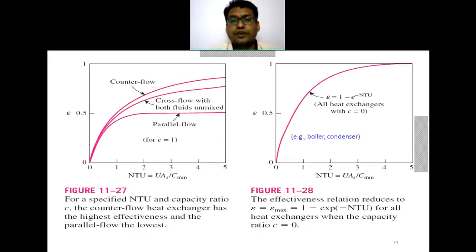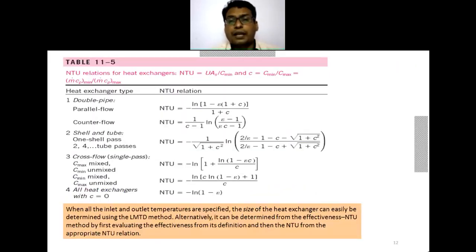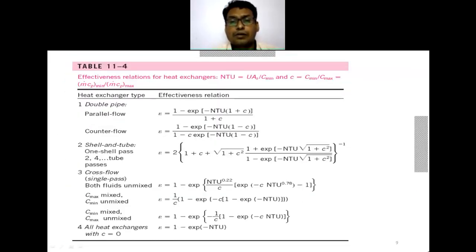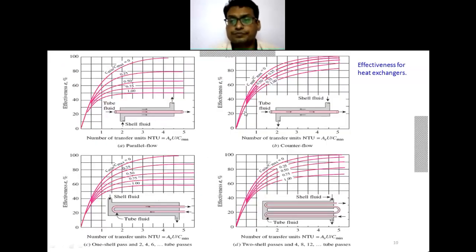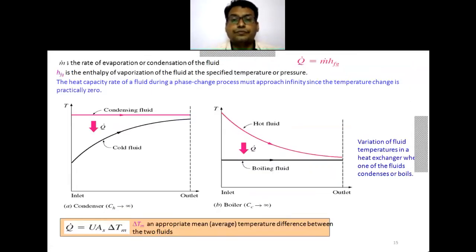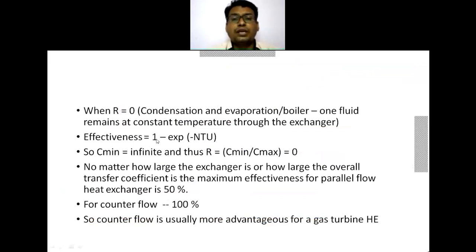The equation of the parallel flow heat exchanger reduces to 1 minus e raised to minus NTU, because C has the value of 0. So the effectiveness comes out as 1 minus e raised to minus NTU. So C maximum is infinite, and thus R is equal to 0.